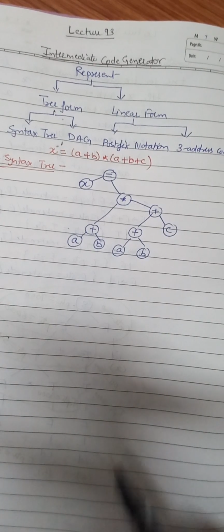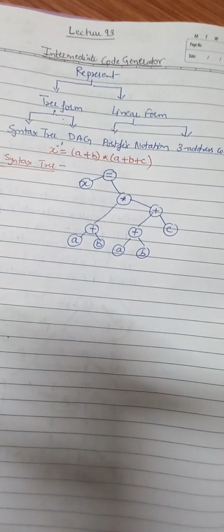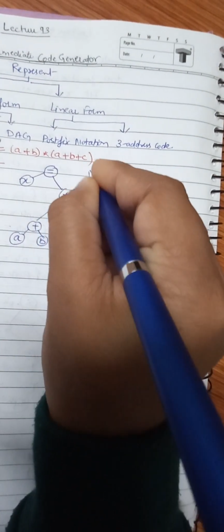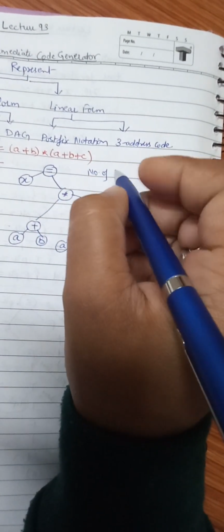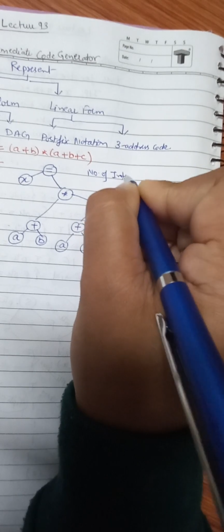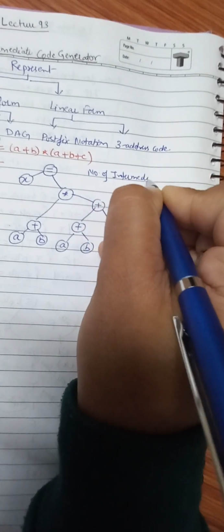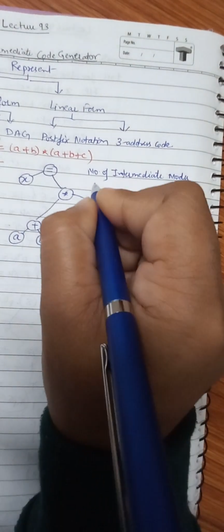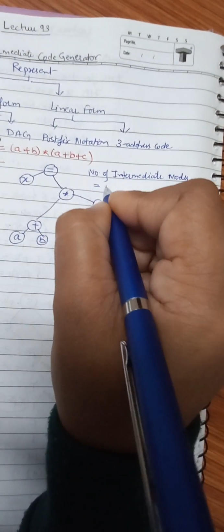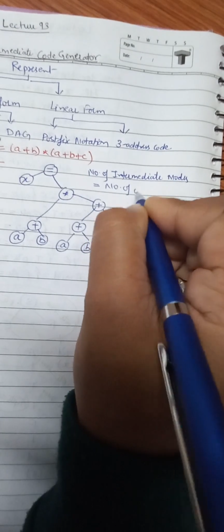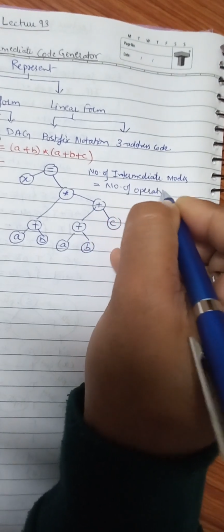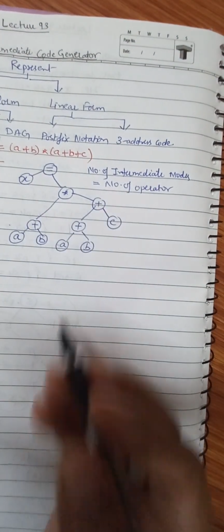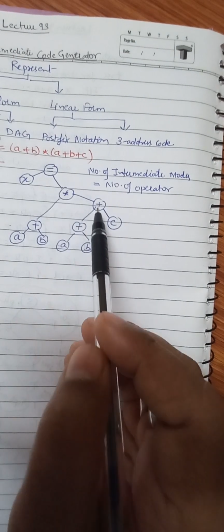Now how many intermediate nodes are there? The number of intermediate nodes is equal to the number of operators, that is, we need to count it: 1, 2, 3, 4, 5.